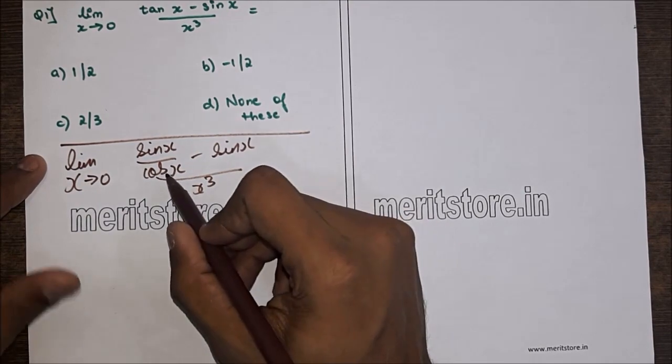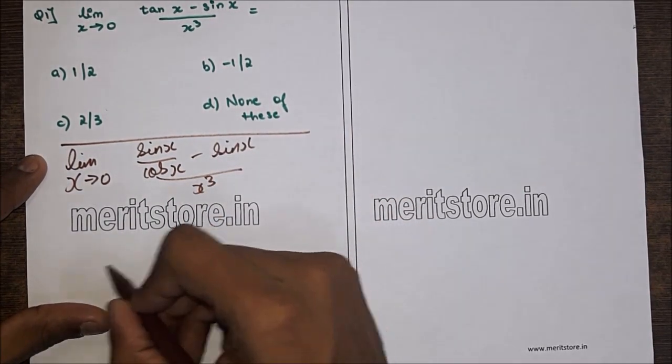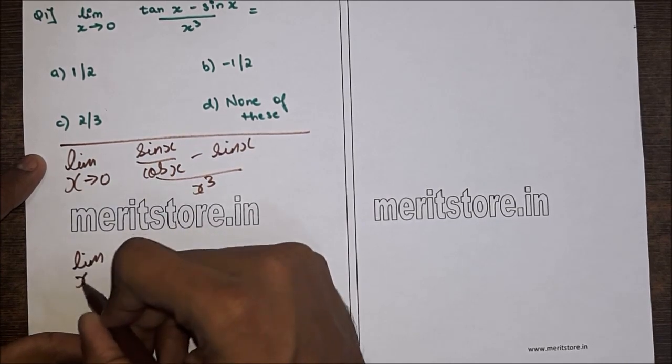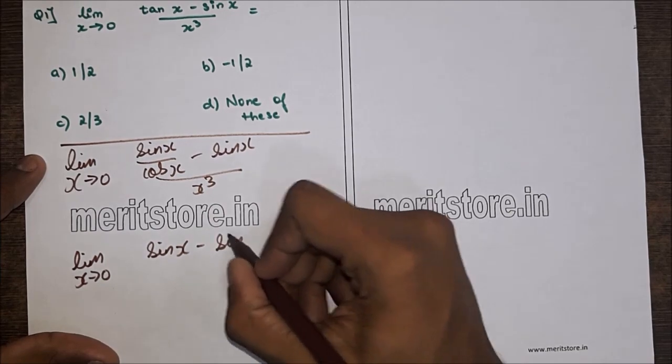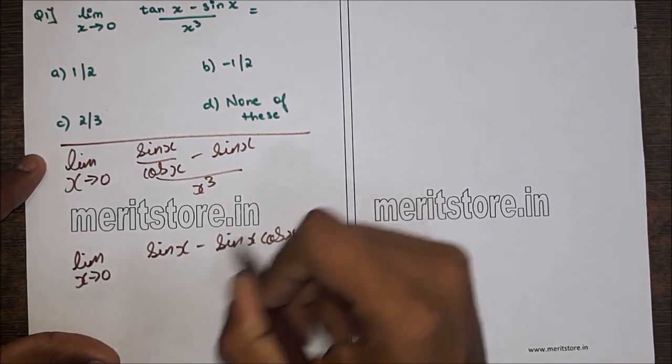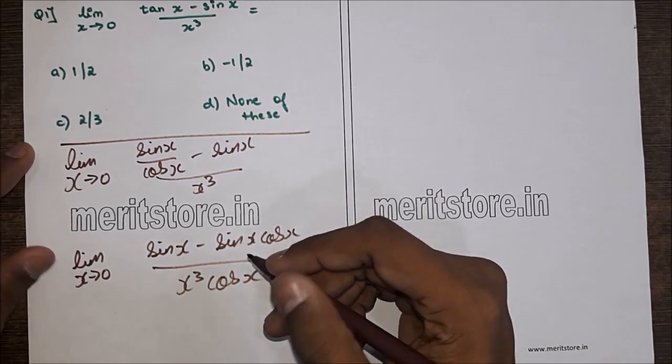Now we multiply cos x with sin x and x cube. That gives us limit of x tends to 0, (sin x minus sin x cos x) by x cube cos x.